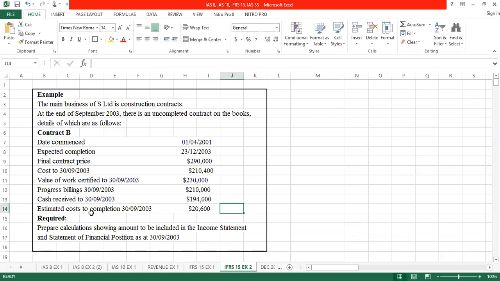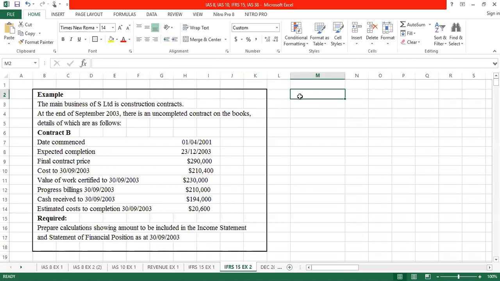Cash, okay, estimated cost to completion is 2,600. So look at the question. Prepare calculations showing the amount to be included in the income statement and statement of financial position as at what date? 30th September 2003.